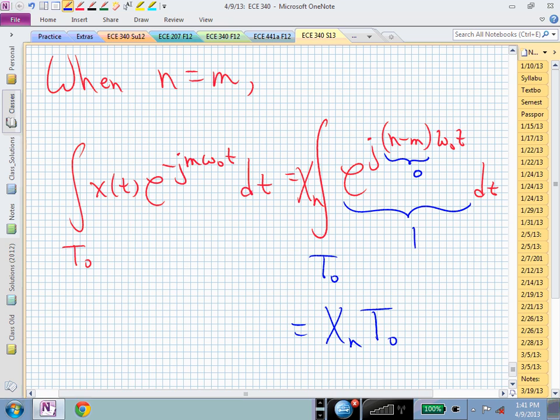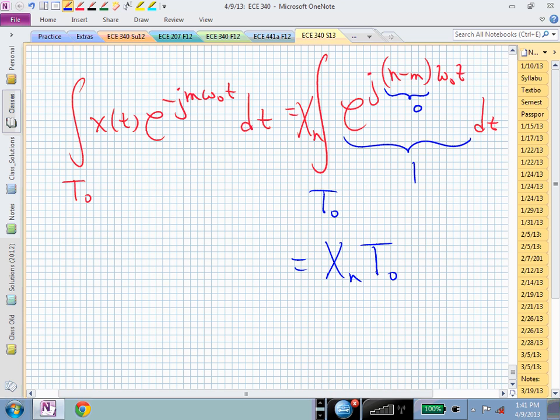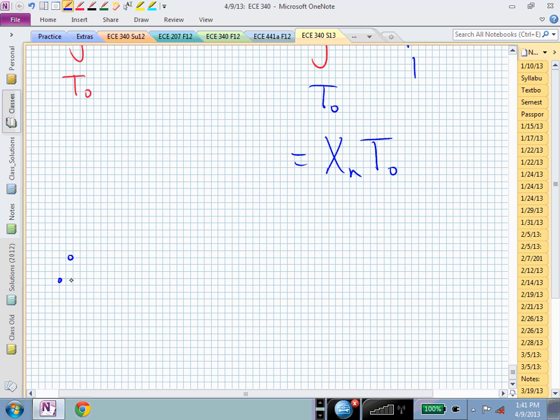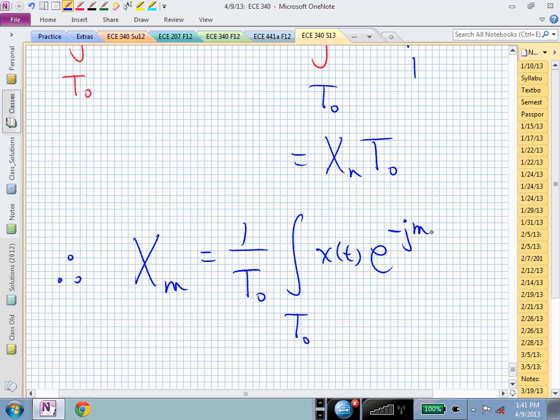Is that clear? Now we have x sub n or x sub m, since they're equal. We can now solve for x sub n, since that's when m is equal to n. Let's just call it m. This is now 1 over t naught, integral over t naught, x of t, e to the minus j m omega naught t dt.